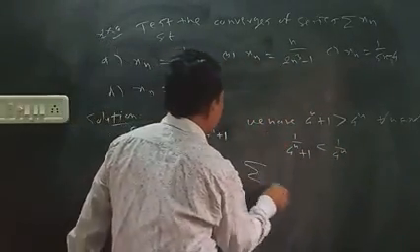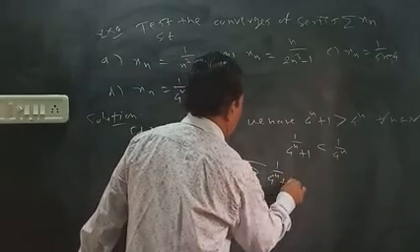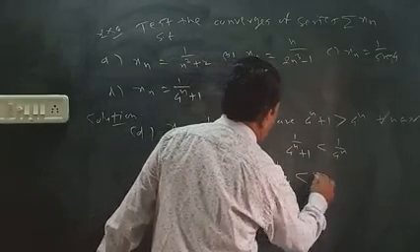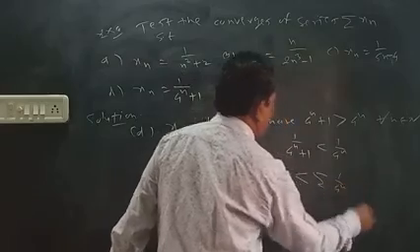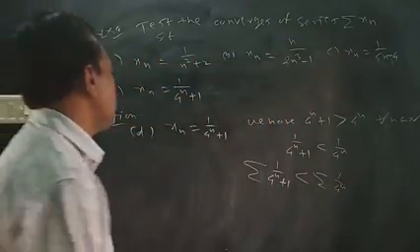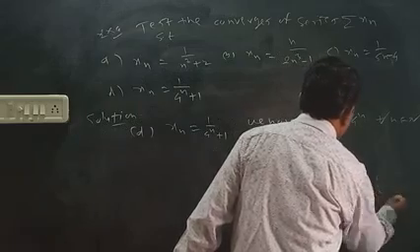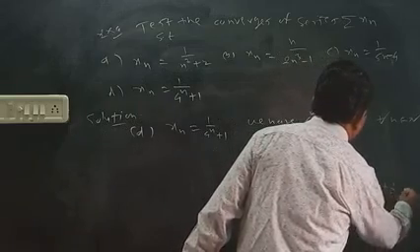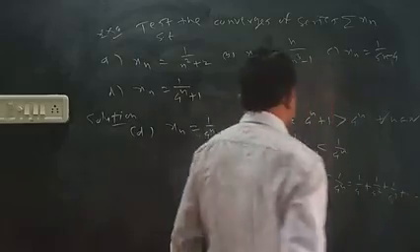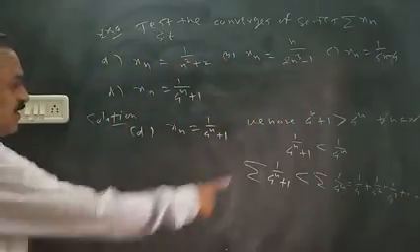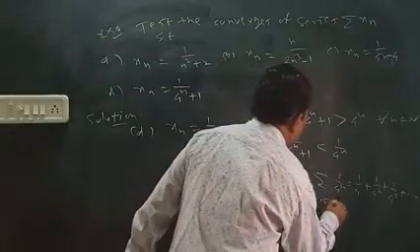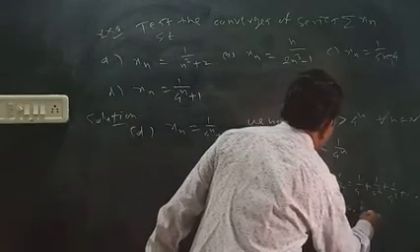And that series: n equal to 1, 1 by 4, n equal to 2, 1 by 4 square, n equal to 3, 1 by 4 cube. This is a geometrical series.